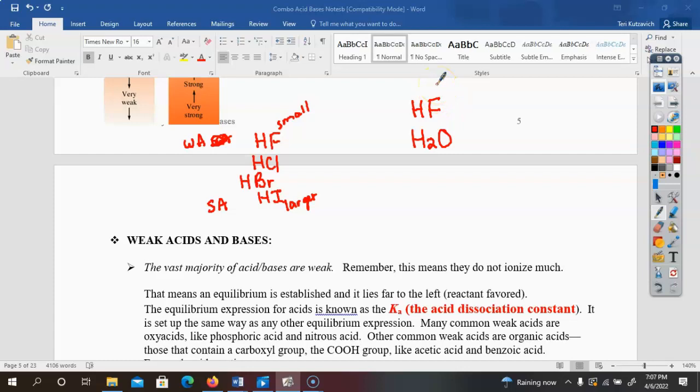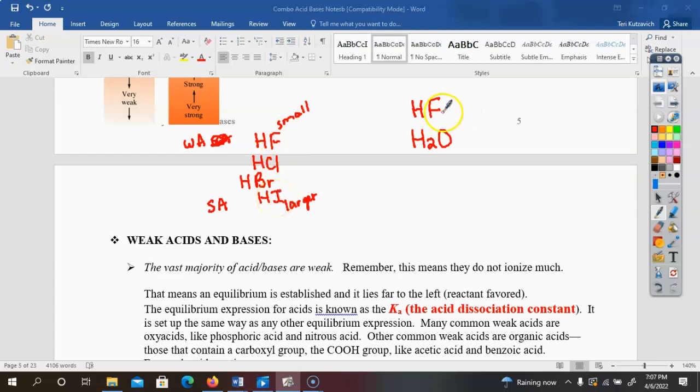So what is electronegativity? It's the atom's ability to attract electrons, right? So if we look at this and go down a group, the size of the atom increases, the HX bond strength decreases, and the strength of the binary acid increases.